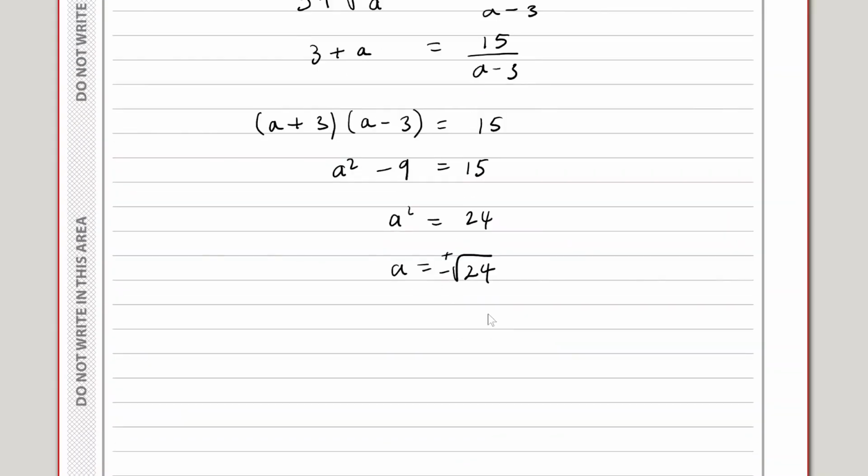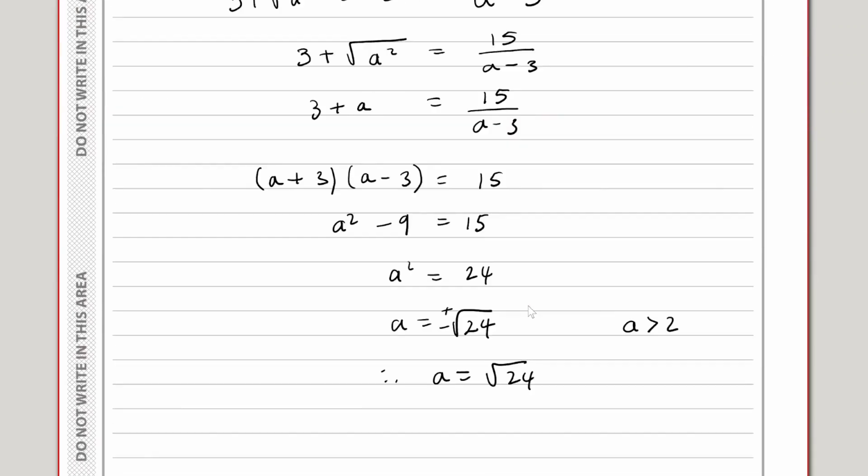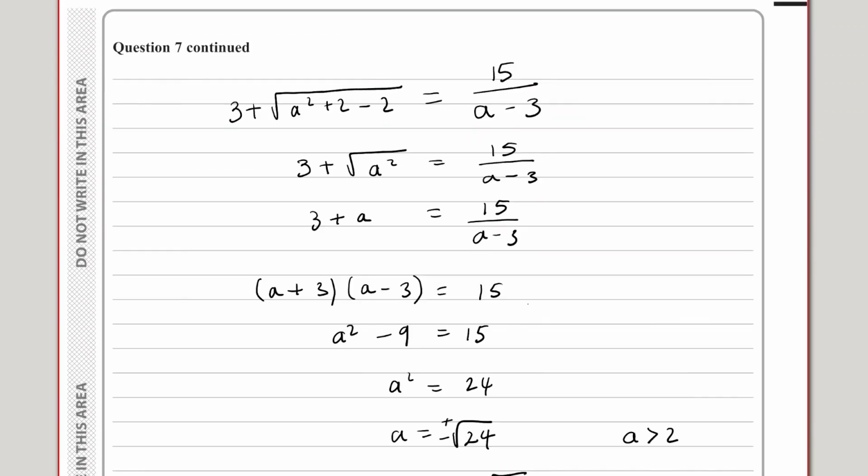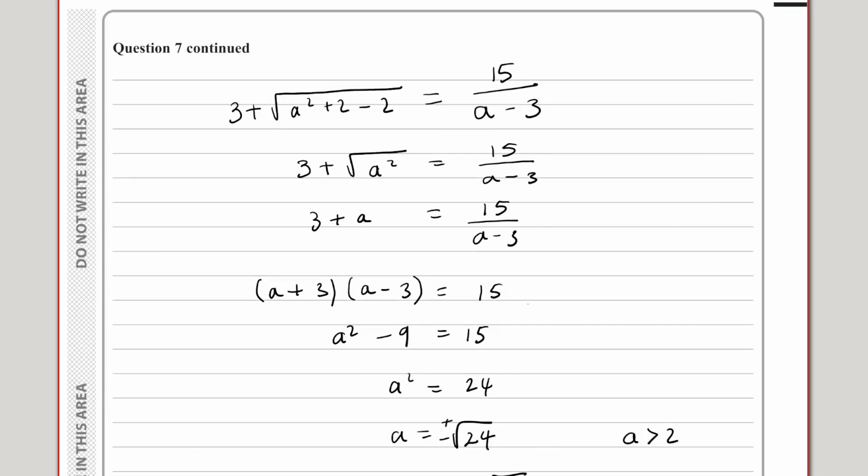So a has to be bigger than 2. Therefore, a equals square root 24, not the negative square root of 24. If we tried to put the negative square root 24 in, they wouldn't be equal anyway, because negative square root 24 would give a positive on this side and a negative on that side.